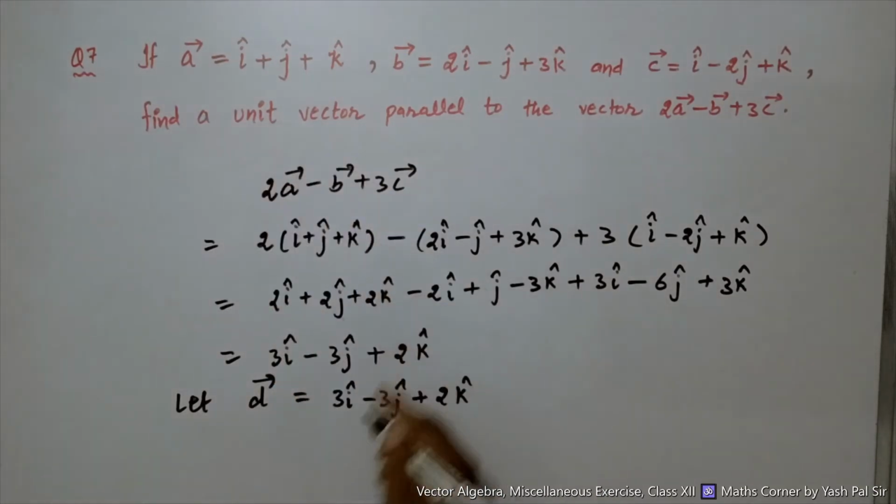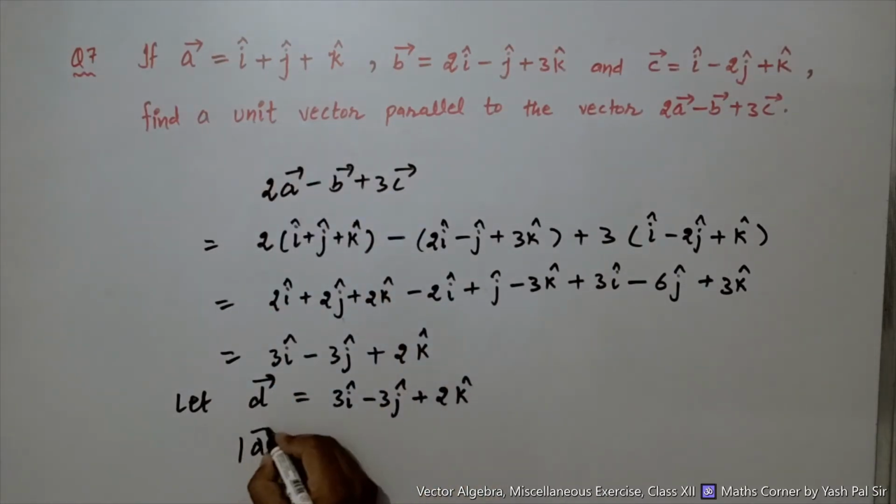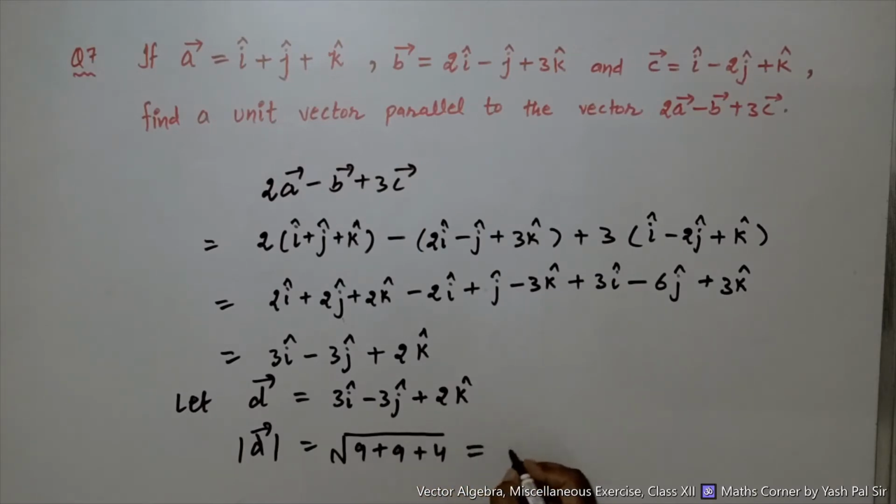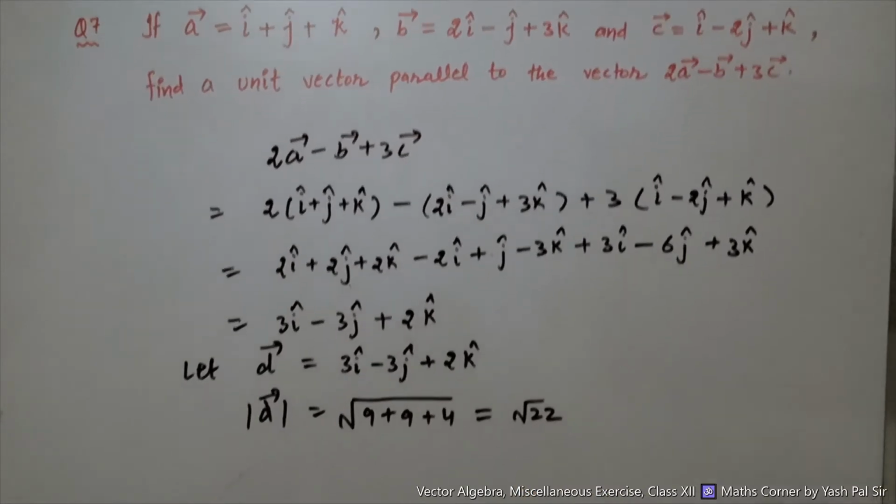Now in order to make this a unit vector, we have to find the magnitude of this d, which is equal to square root of 9 plus 9 plus 4, square root of 22, right?